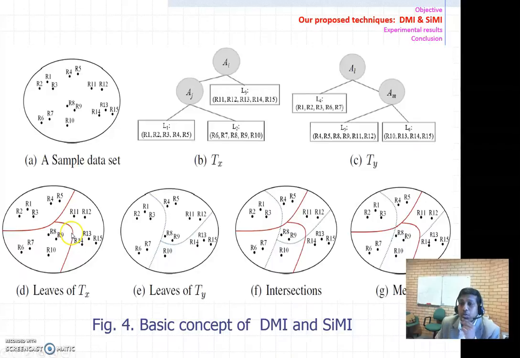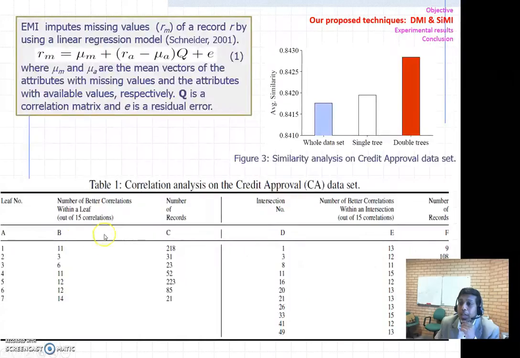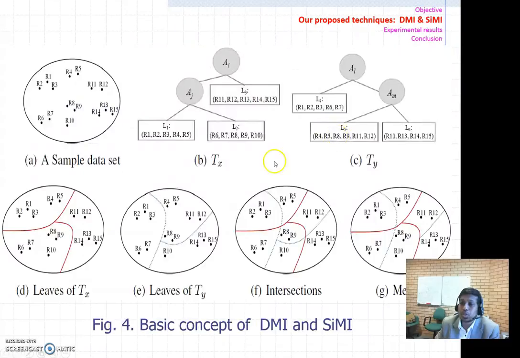And then we found that if we do that, then the similarity between the records goes up. If we consider the average similarity between all the records, R1, R2, R1, R3, R1, R4, R5 and so on, all possible similarities, and then we average out, that similarity is not as high as the similarity among the records within the segments.